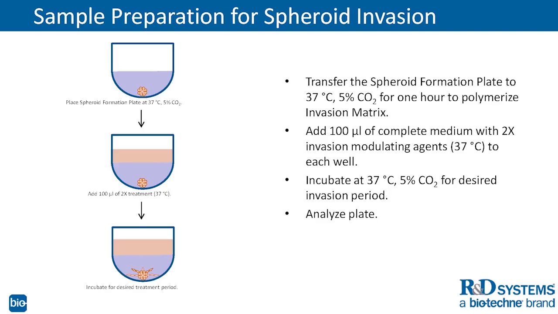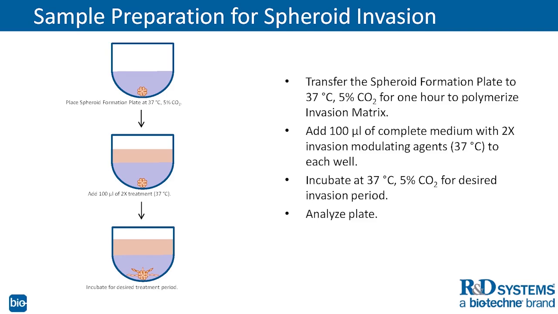So once these spheroids are centrifuged down, set the plates at 37 degrees Celsius in the tissue culture incubator for 1 hour, and that will polymerize the invasion matrix, fully embedding the spheroid.